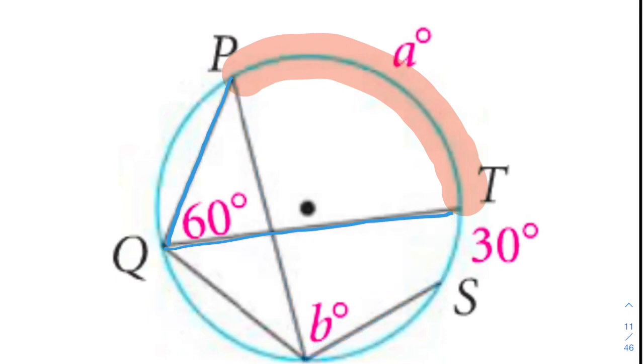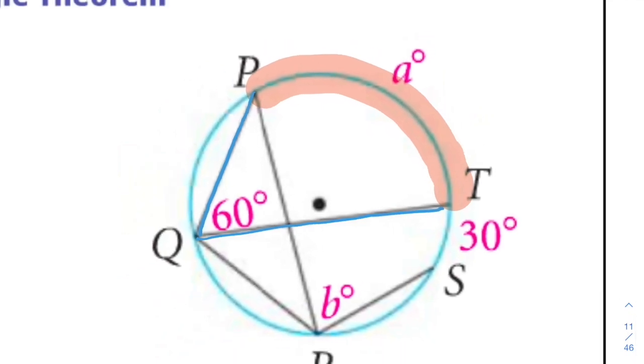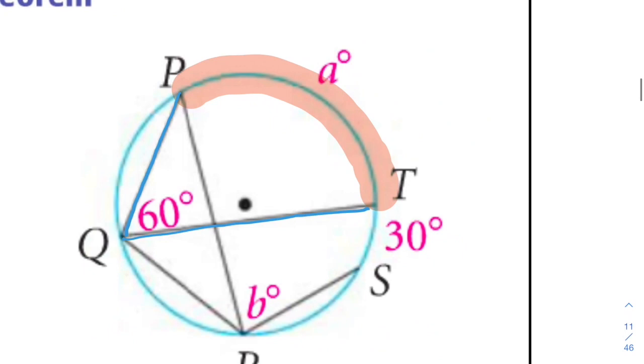And now I see that angle PQT is the only angle I can focus on. So angle PQT is the inscribed angle, so arc PT is the intercepted arc. So what I need to do is say that 2 times the measure of angle PQT is going to be equal to arc PT.